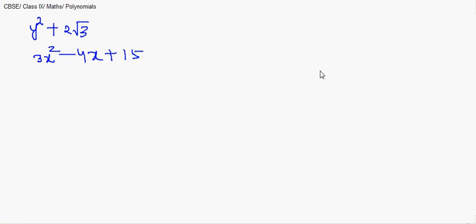Which of these two expressions have the degree 2? Both of them have the degree 2, because the maximum power here of y is 2, and here of x is 2 as well. So both have degree 2.